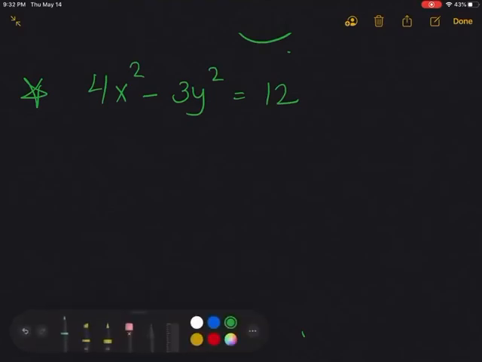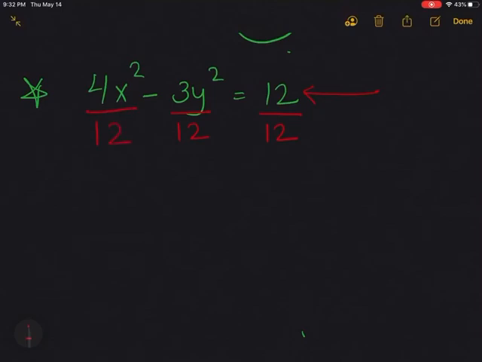So try recalling, the number on the right side has to be 1. How would you make it 1? If I divide it by the same number. But don't forget, since it's an equation, you actually have to divide the entire equation by that. So if I simplify, 4 divided by 12, it would be x squared over 3. Second one, y squared over 4, and it's equal to 1.